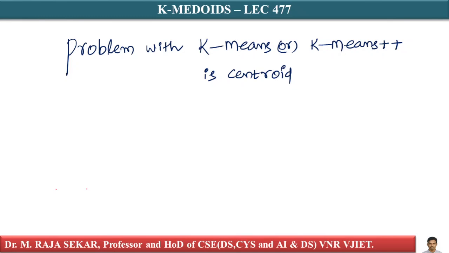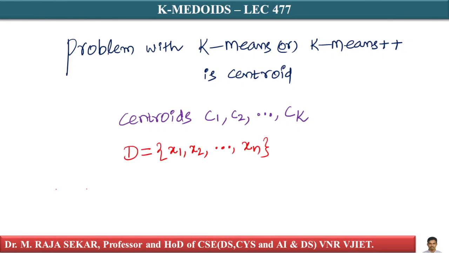In this lecture, we will try to understand Medoids. One other basic problem with classical k-means or k-means plus plus is about your centroids. At the end of it, you get centroids C1, C2, so on, Ck, from an original dataset capital D, which is x1, x2, so on, xn.